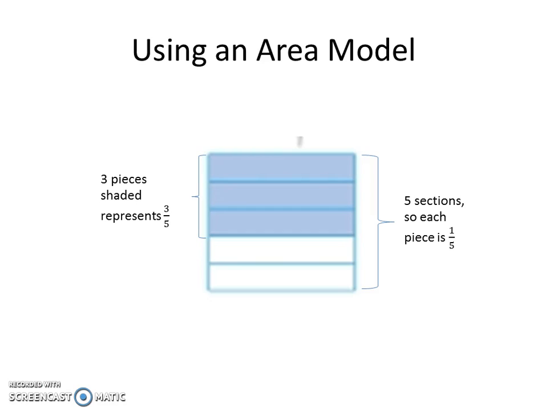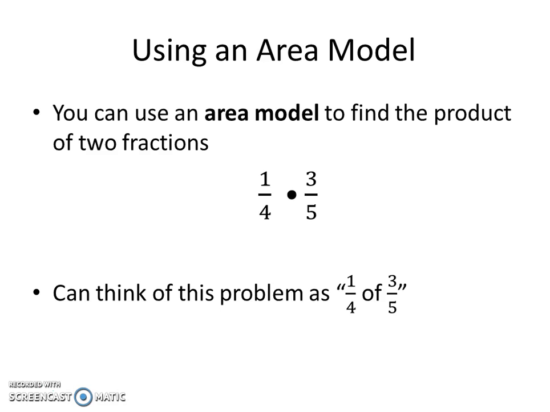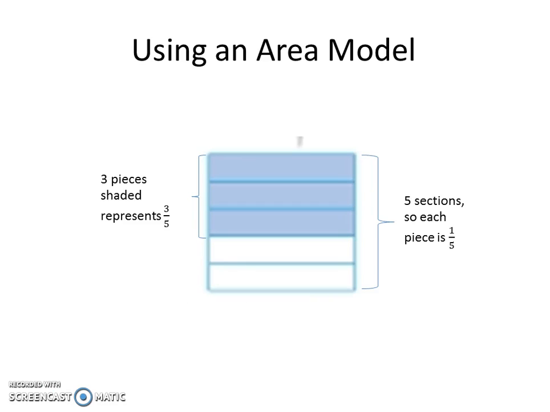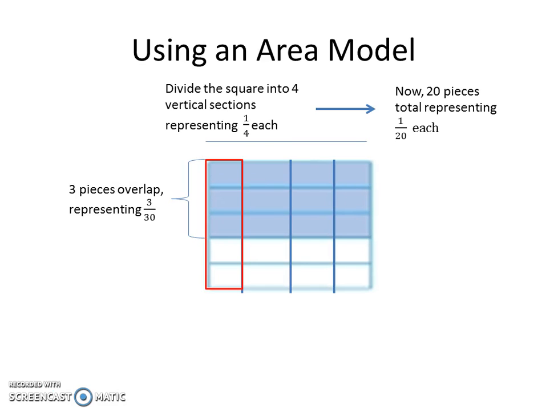Using this area model, we see a picture which is divided into 5 sections with each piece representing 1/5. Now, the question asks for 1/4 of 3/5. So if we shade 3 pieces, that represents 3/5. To find 1/4 of 3/5, we can divide the square into 4 sections vertically, representing 1/4.